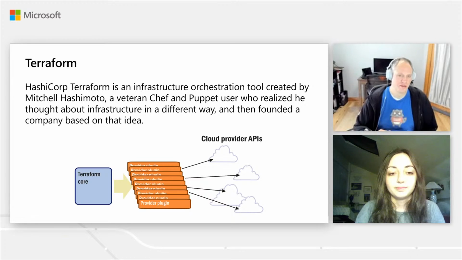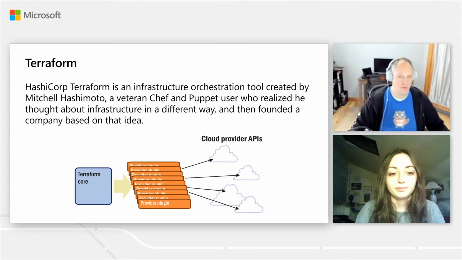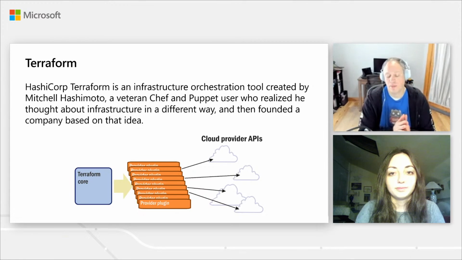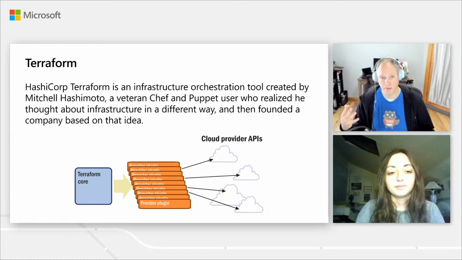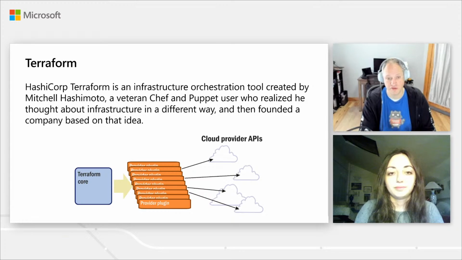And it does this through a plugin and provider system. So you can create providers for Azure and AWS and Google Compute and VMware and a number of other operating environments. So Terraform gives you the capability to reach out and manage all of these individual things.